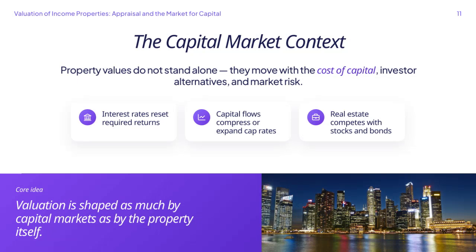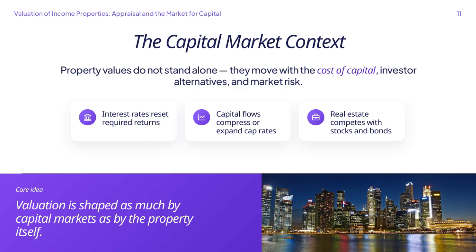When we talk about the capital market context in real estate valuation, it's important to recognize that property values are not determined in isolation. Instead, they fluctuate in response to changes in the broader cost of capital, available investment alternatives, and overall market risk. One of the key drivers here is interest rates, which directly influence the required returns investors expect.